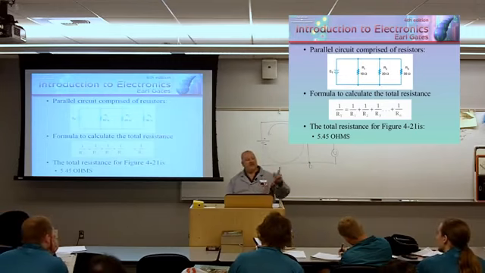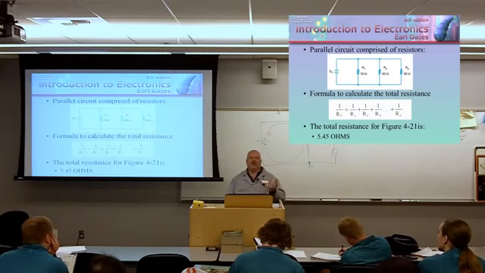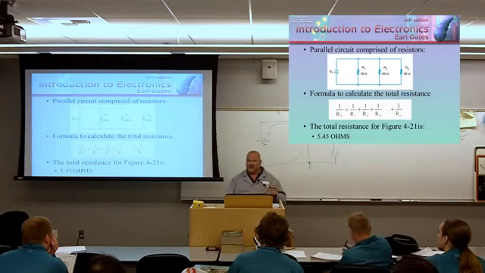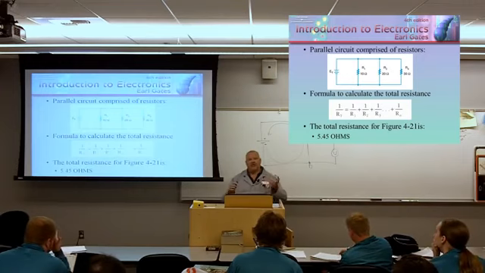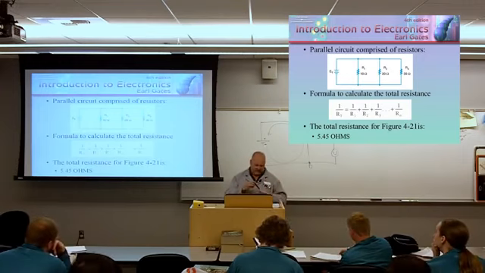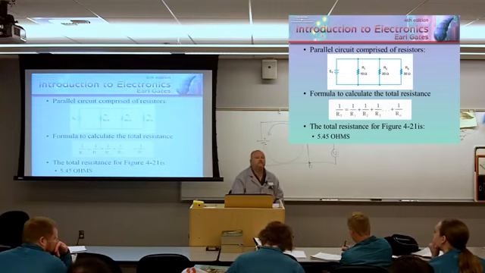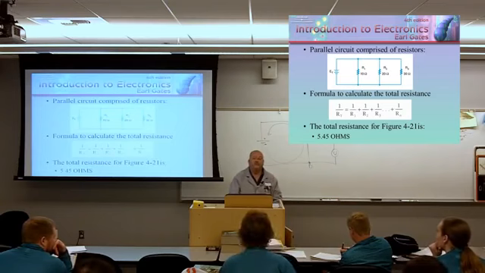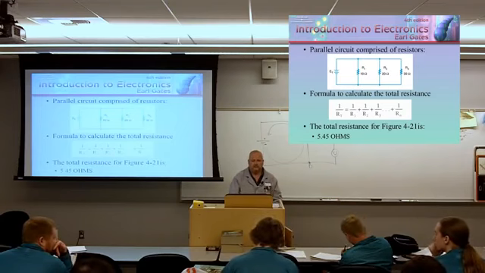A lot of times in the lab, you may be looking for a certain value of resistance. I need 20 ohms of resistance. Or you could put two 10s in series with each other. Or you could put two 40s in parallel with each other. So there's a couple different ways of doing it. It's one of the reasons we're teaching about this stuff. Make sense? I'm just trying to synthesize it into a formula now.